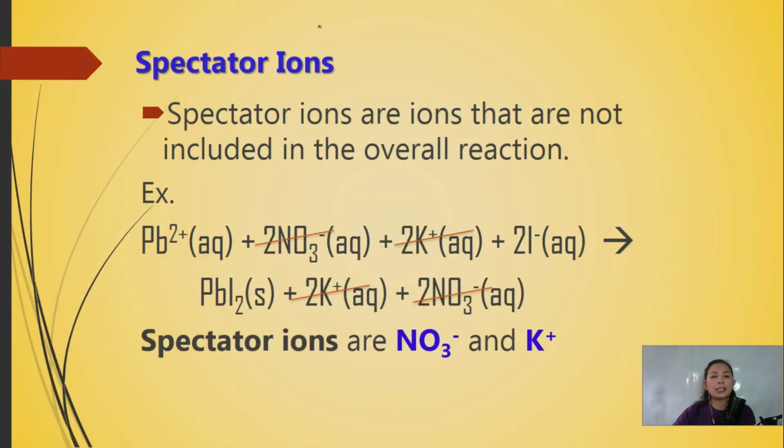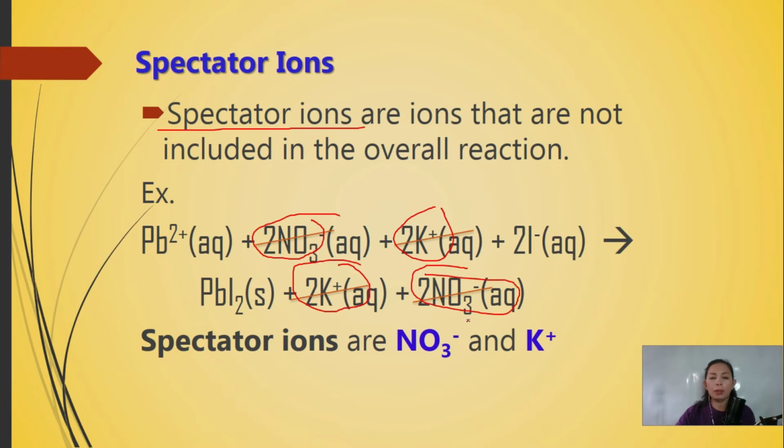Okay, let's define spectator ions. Spectator ions are ions that are not included in the overall reaction. Not included because we cancel them before we write our net ionic equation or our overall reaction.